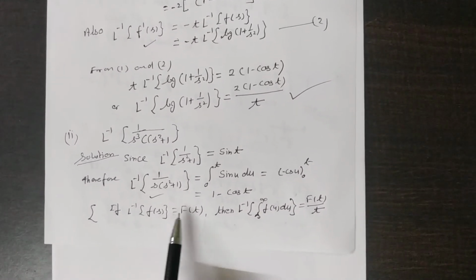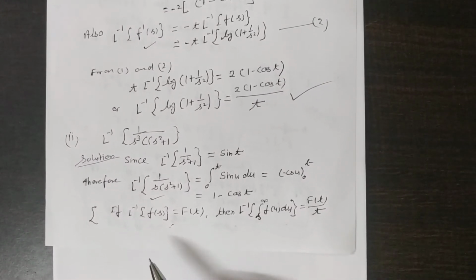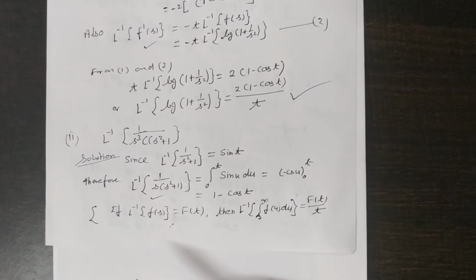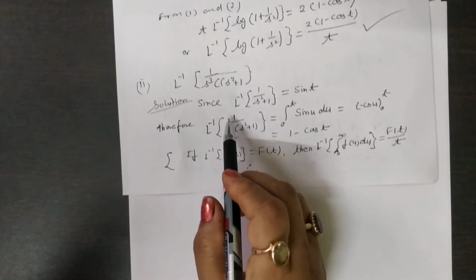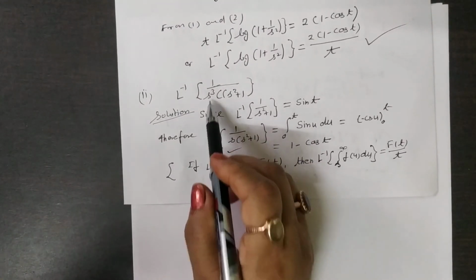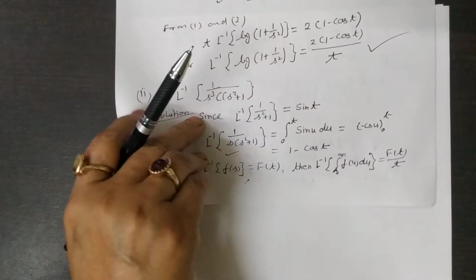Now, because in this question here is s³, you operate again the next time. In the question here is s³, so again operating 1/s and again operating 1/s, then you get the result.